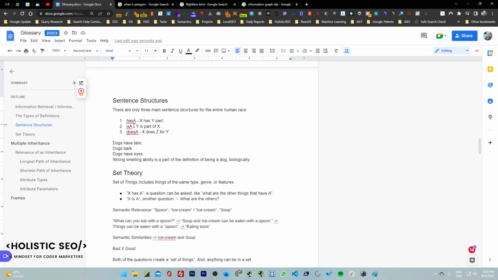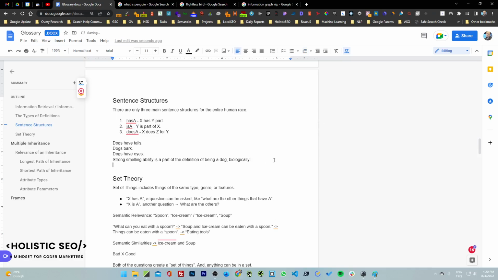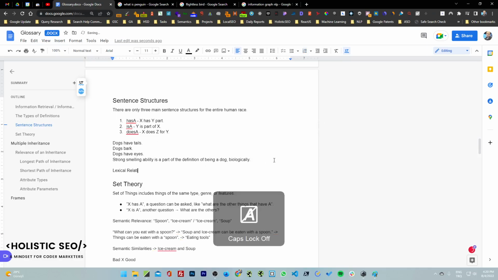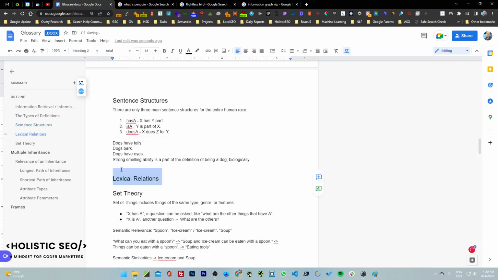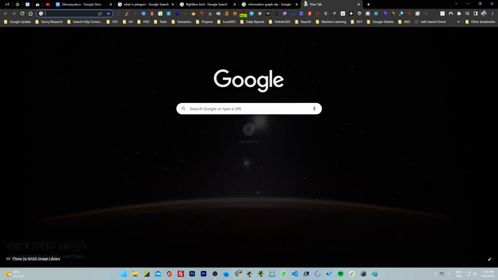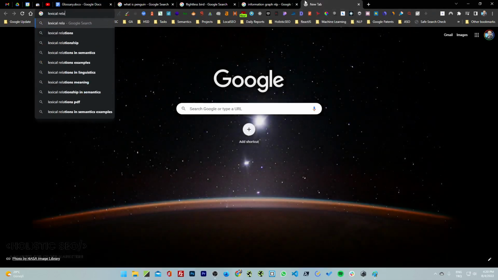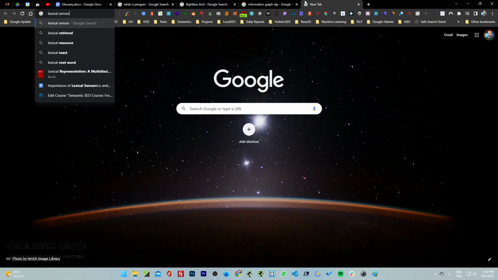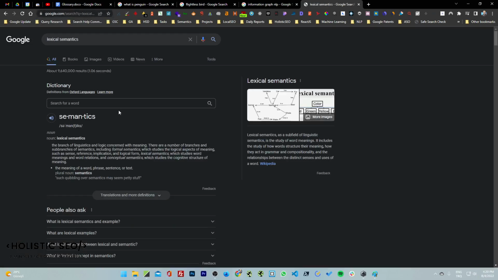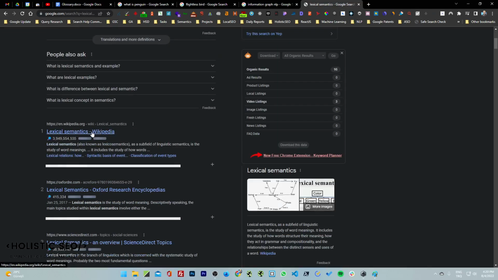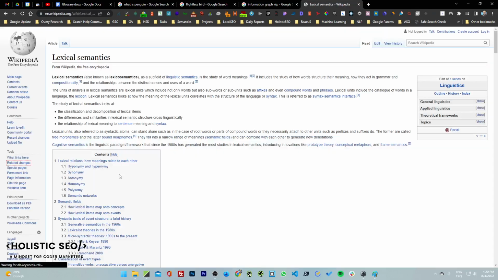And when you look at the "is a" or "has a" section, this is highly relevant to lexical relations. Maybe later I can explain the lexical relations a little further. Let's put it here too. But if I am quick, let's say lexical relations or lexical semantics. Under lexical semantics, we have certain types of relations.